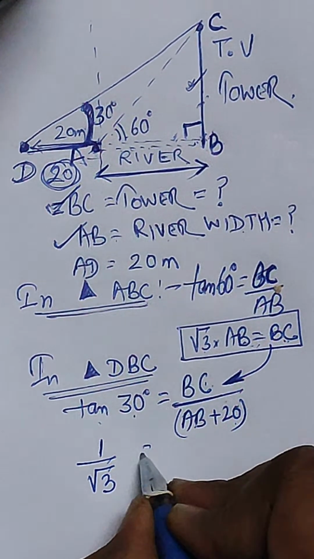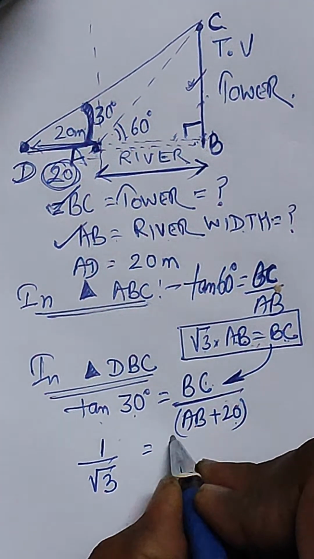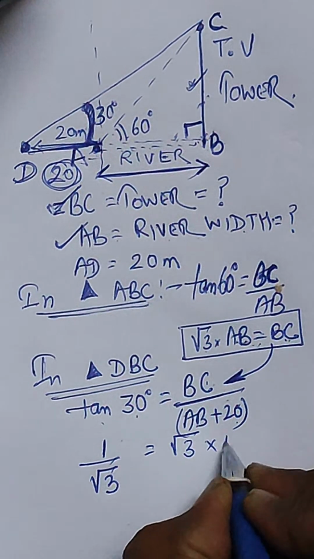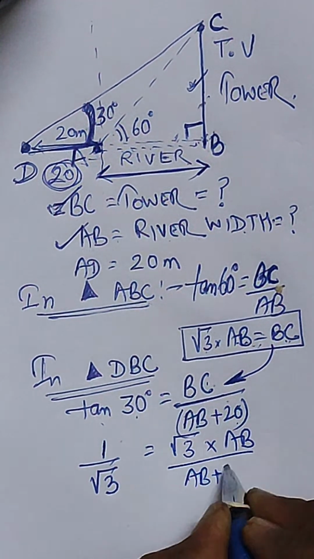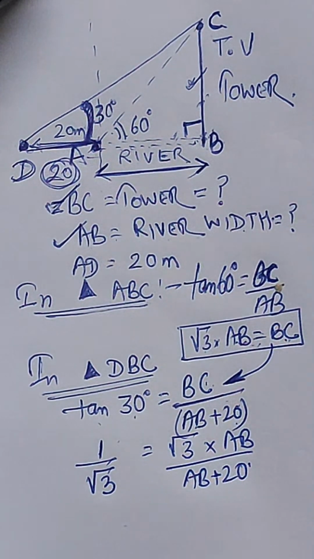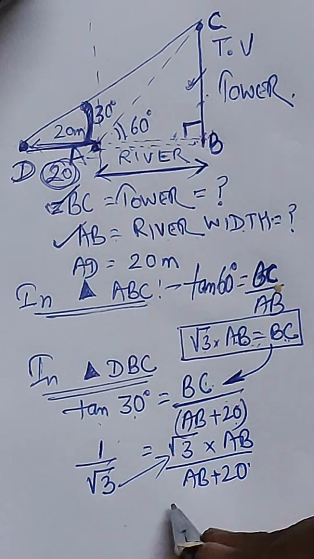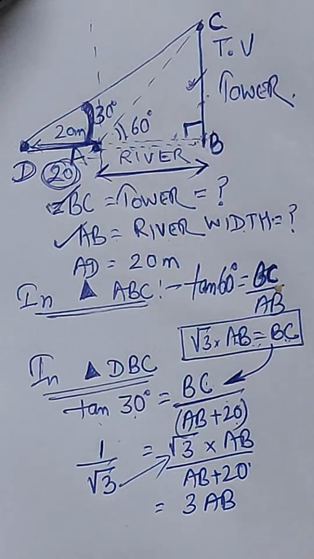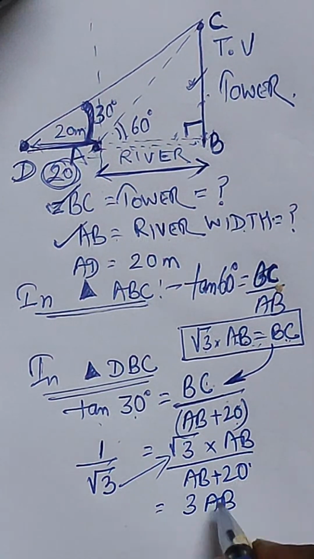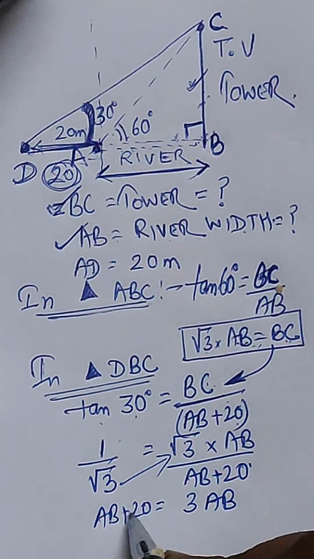And BC can be written as root 3 times AB. So just write it, root 3 times AB divided by AB plus 20, right? And when you solve it by cross multiplication, you can see 3 times AB will be there in the RHS, and in the LHS we have AB plus 20.